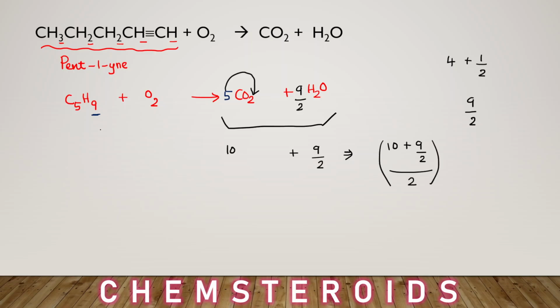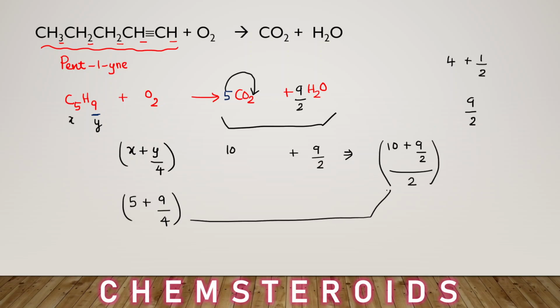Or if you find this quite difficult, you can balance using that technique, X plus Y by 4. X is going to be 5 and Y is going to be 9. So 5 plus 9 by 4. So both are the same. I hope you got the balancing of equations.